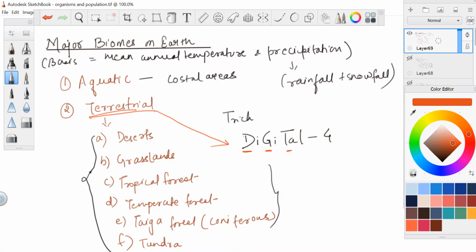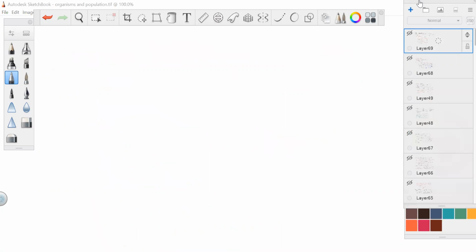So now we will see. Before seeing all these biomes, we will be seeing the 4 types of climatic zones on Earth, so that when you write it, it is on the basis of temperature and precipitation.